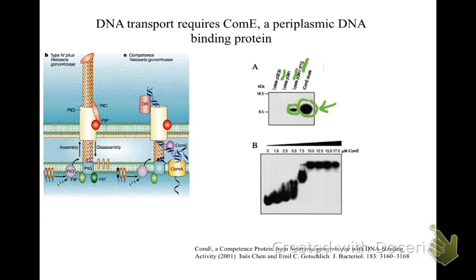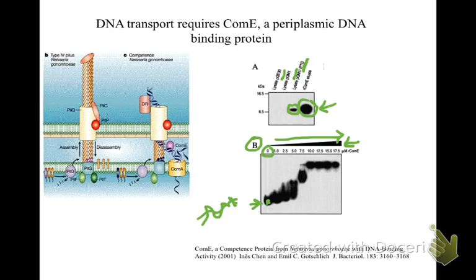Then what's shown in B is that they incubated increasing amounts of COM-E protein, shown by this black bar here, starting with 0, with DNA from Neisseria. So we've got double-stranded DNA, and in this case it's radioactively labeled. We have the DNA on its own with no COM-E migrating at this position in an electrophoretic gel.